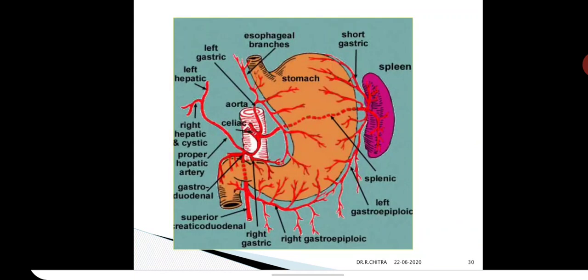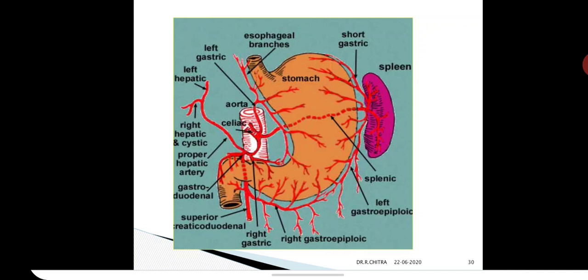So this completes the celiac trunk topic, which arises opposite to the T12 vertebra from the front of the aorta, and gives rise to three branches: left gastric artery, common hepatic artery, and the splenic artery.